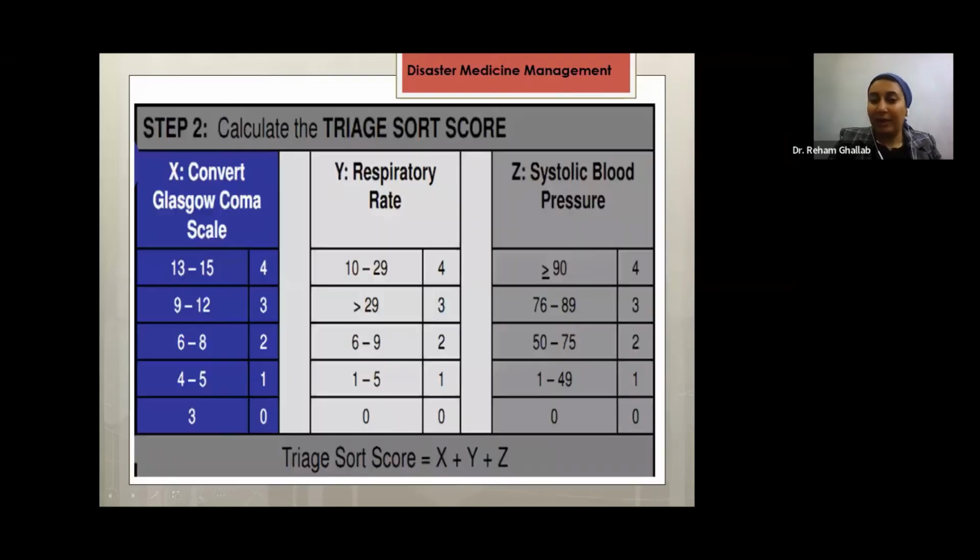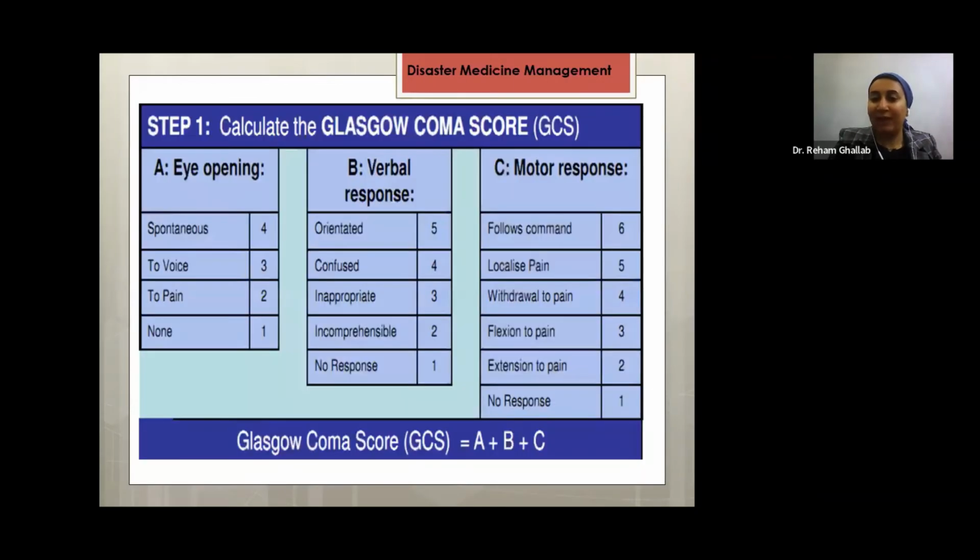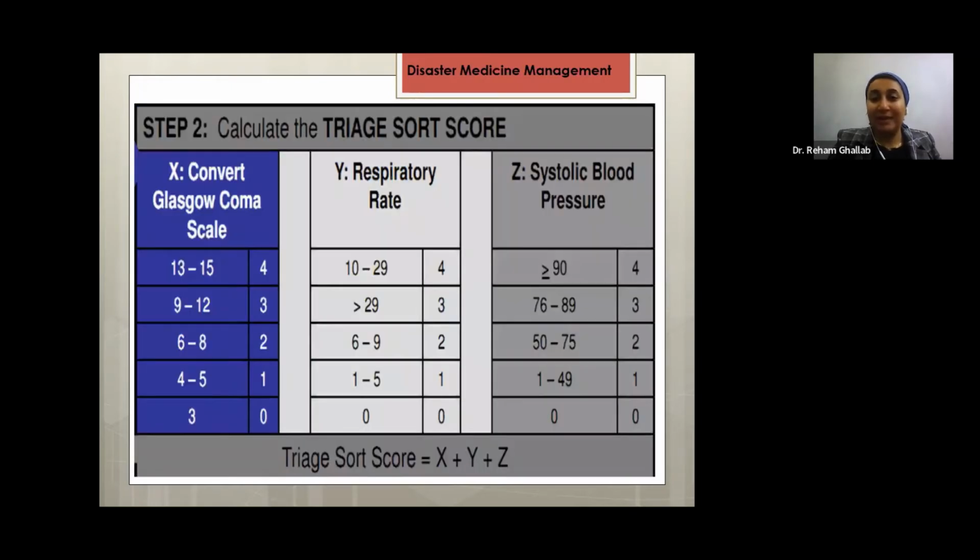Okay, I beg you to please save and capture the Glasgow scale. We will use it in our game. We have 10 minutes to clear and end our session. Please capture this, and please capture the calculation of the triage score.